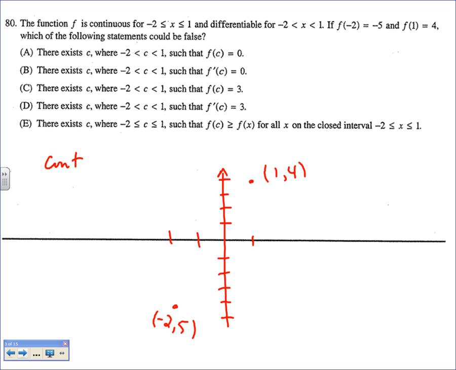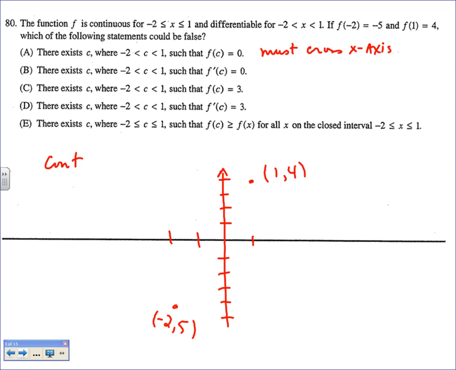So the first thing says there's a number c between these two endpoints such that f of c is 0. In other words, it must cross the x-axis. And if it's continuous, that has to be so.